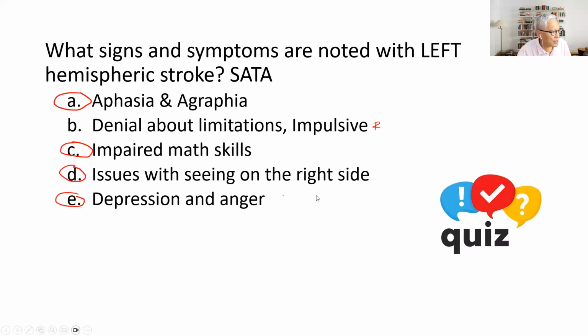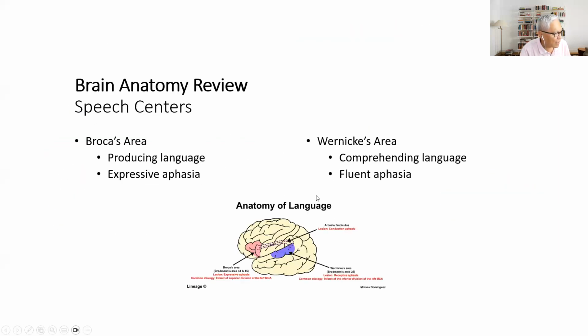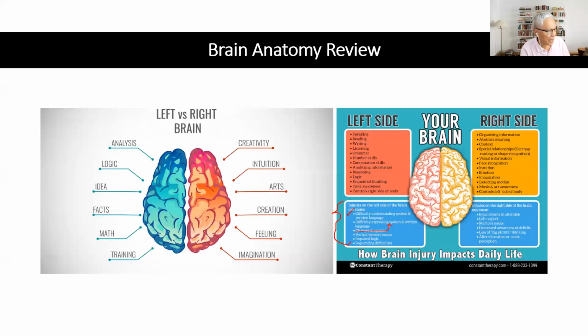Oh, why is it not moving? I wanted to show you this. Okay, so whenever we have a stroke over here, that means they're going to have weakness on the contralateral side.